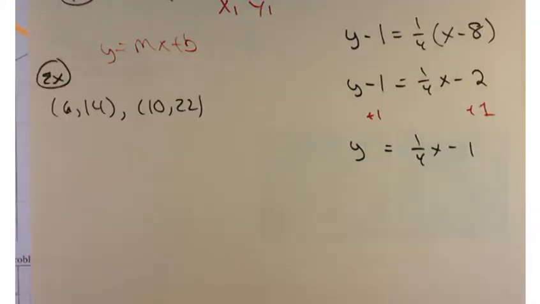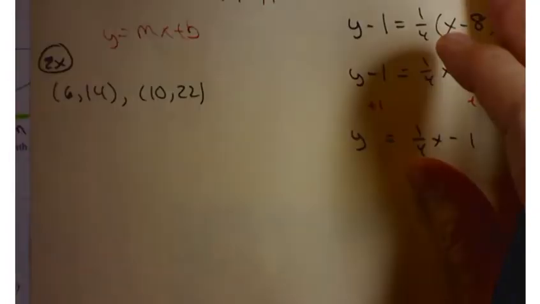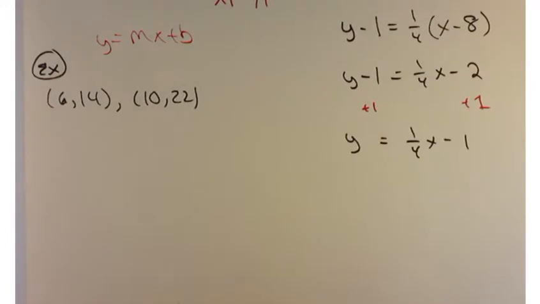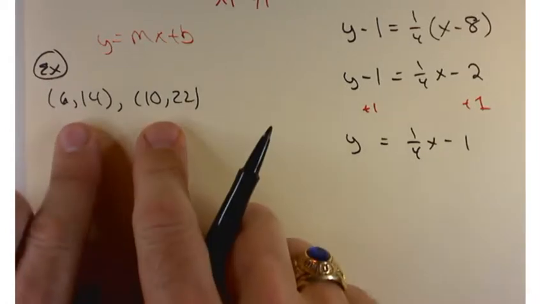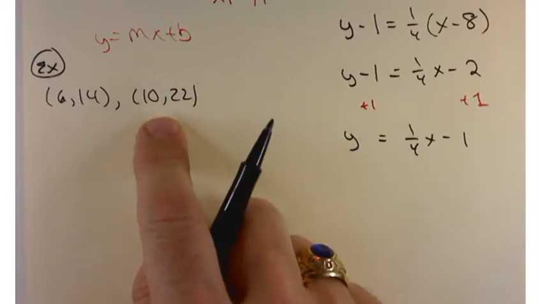Now, this is not a problem from the book. It's an applied problem that occurred because I was playing a game of Words with Friends with somebody who was really smart.